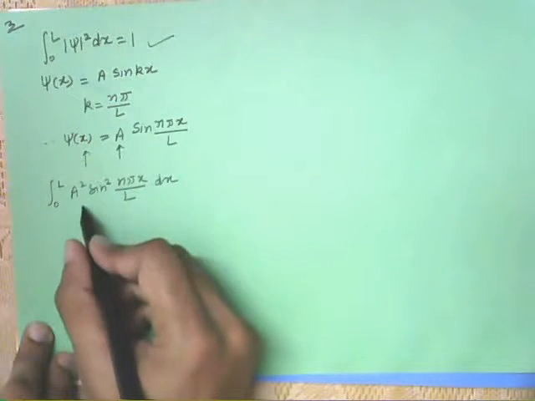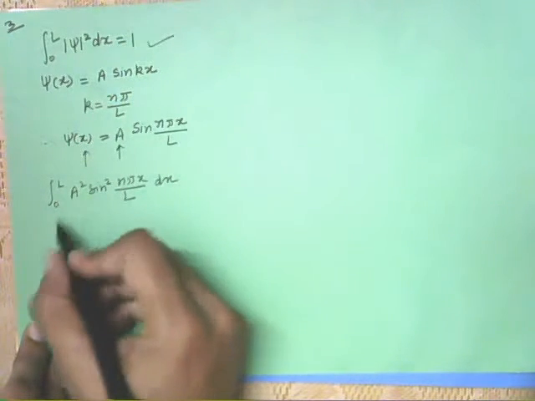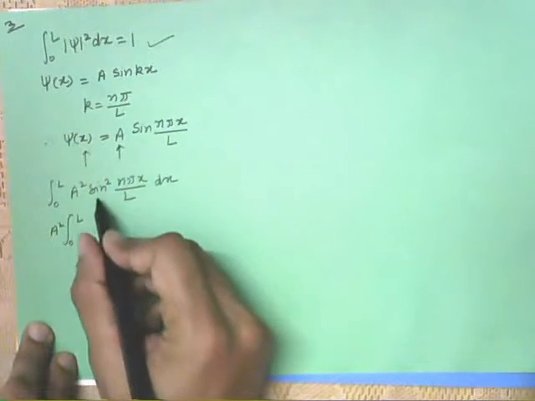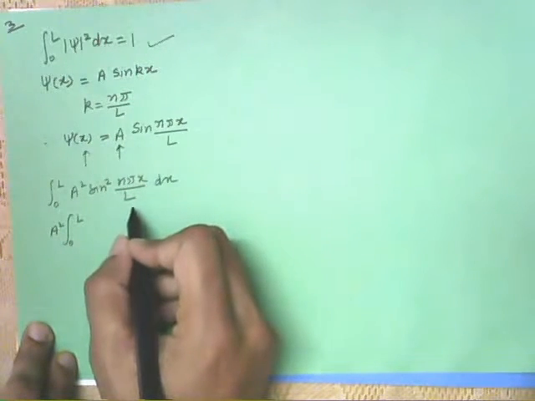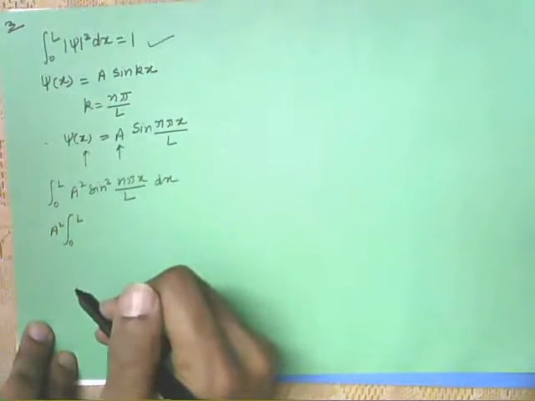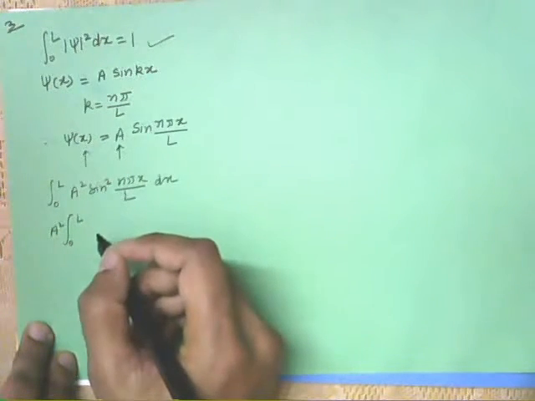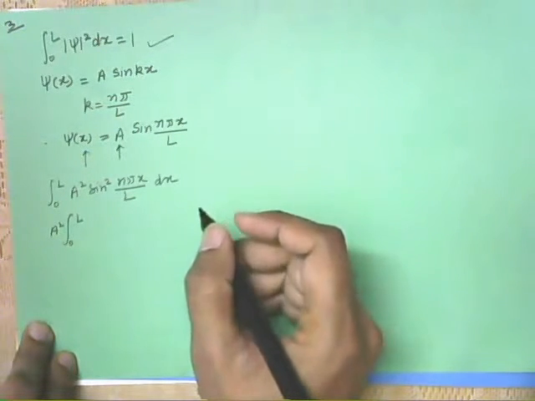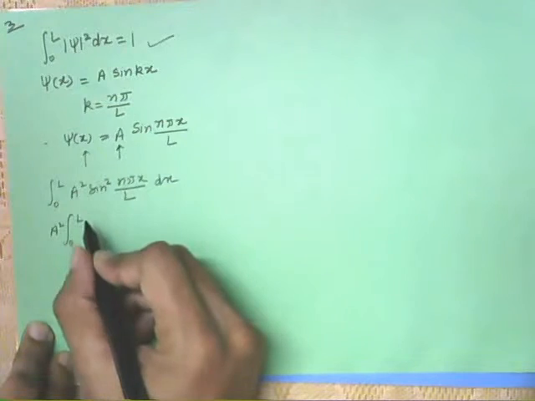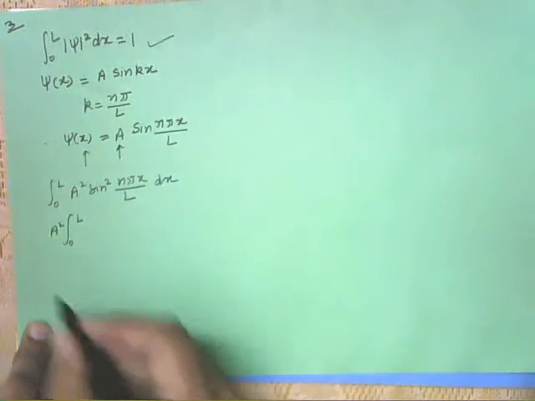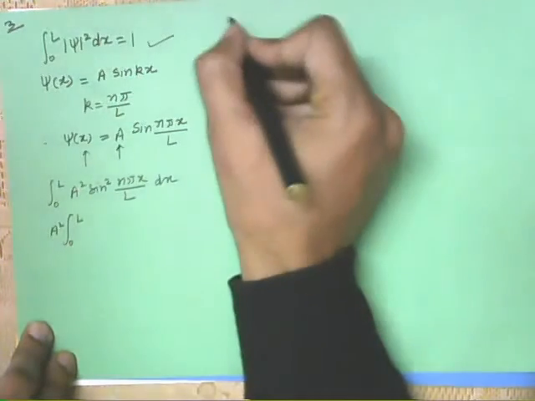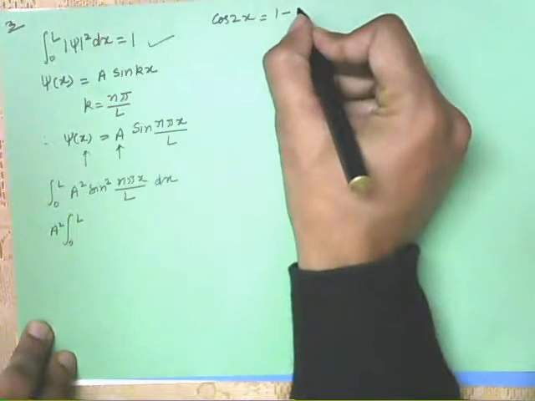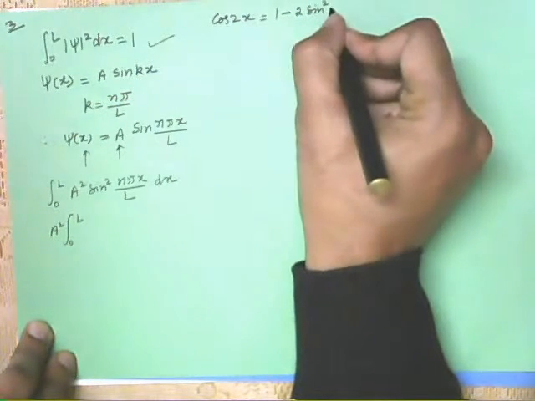Now this integration cannot be solved directly, so this can be written as a squared, 0 to L. Instead of sin squared n pi x upon L, we have to use the cos 2x formula. Cos 2x is equal to 1 minus 2 sin squared x.